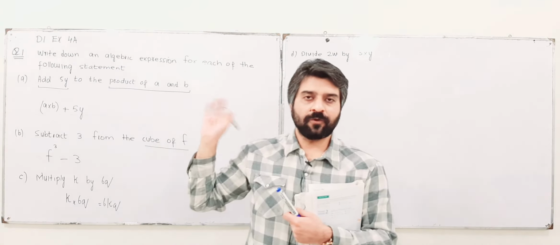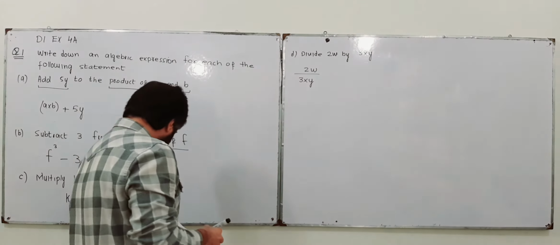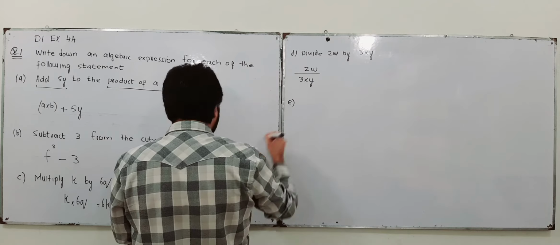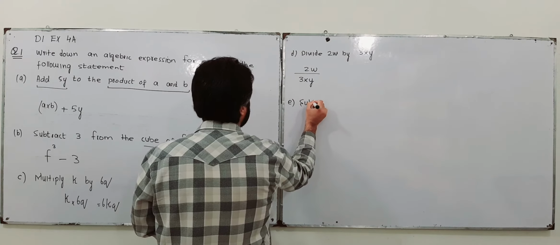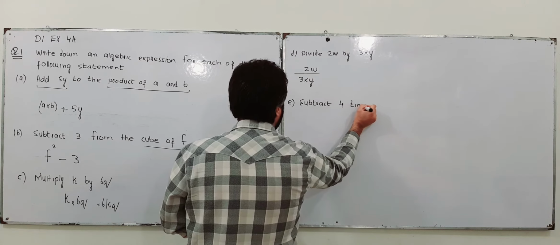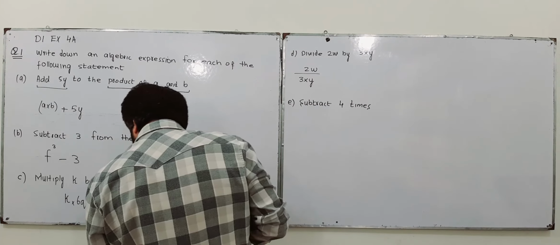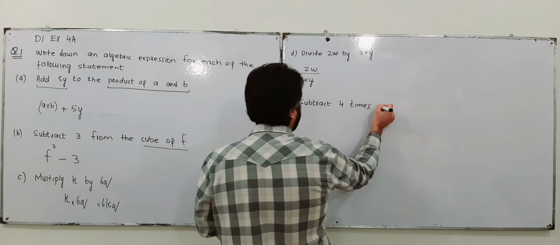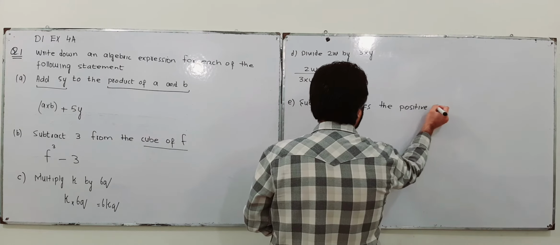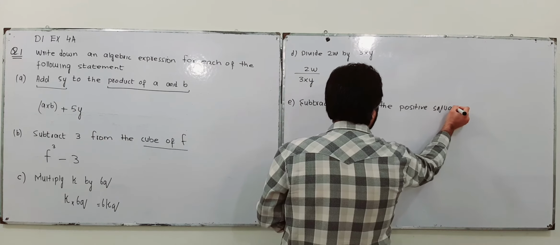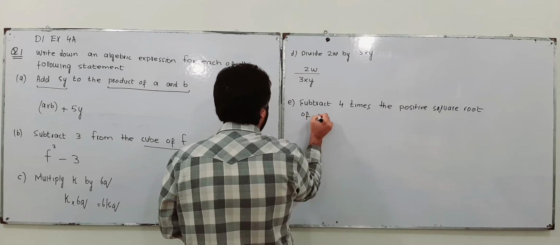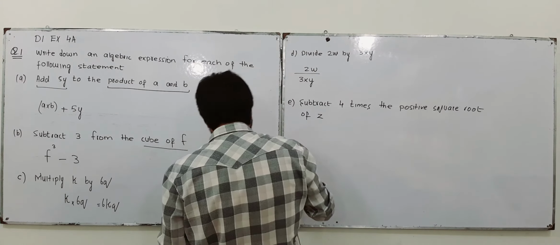Now the next part is part E, subtract 4 times the positive square root of z from thrice of x.